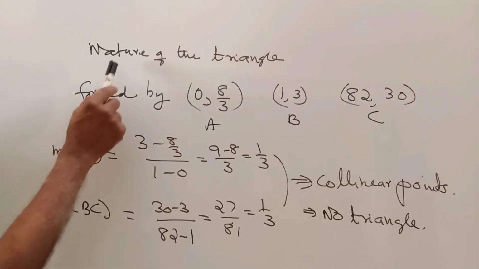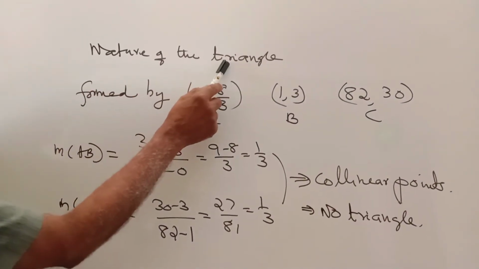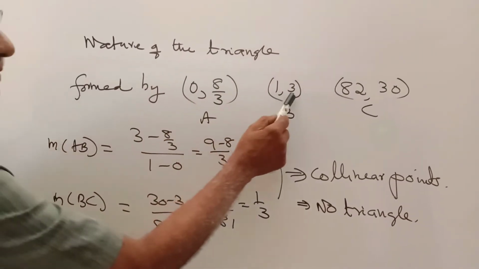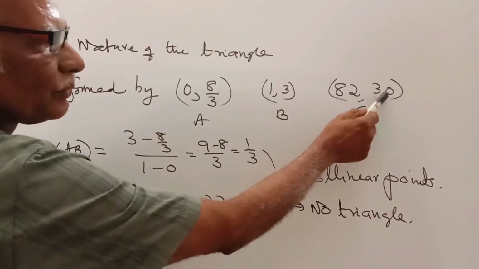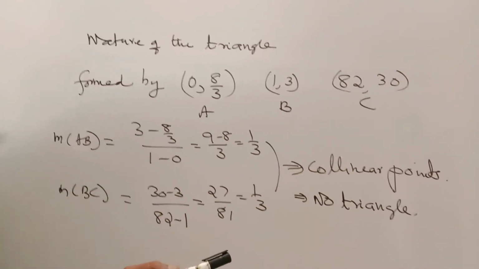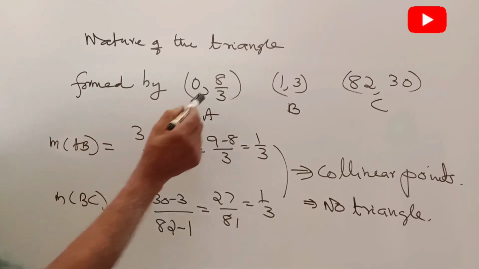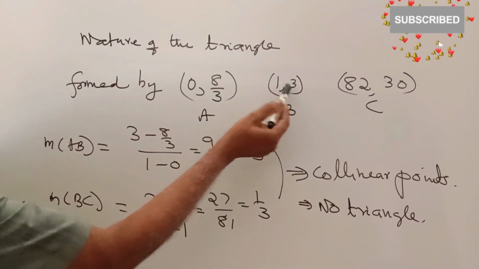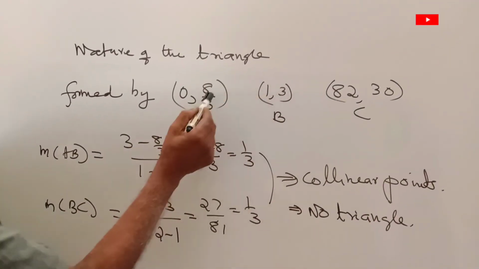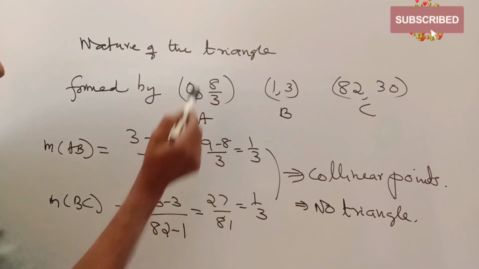Okay. Now we consider the nature of the triangle formed by 0, 8 by 3; 1, 3; and 82, 30. You call them A, B and C. Now slope of AB, y difference by x difference. So 3 minus 8 by 3 by 1 minus 0.